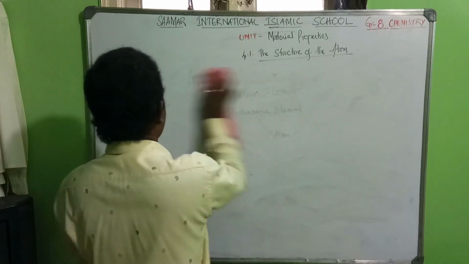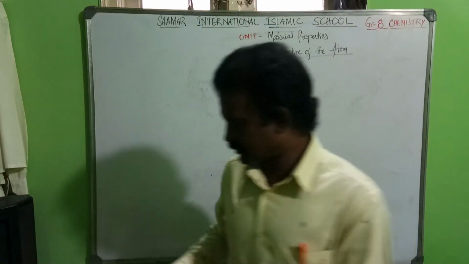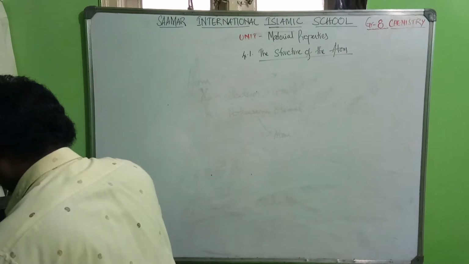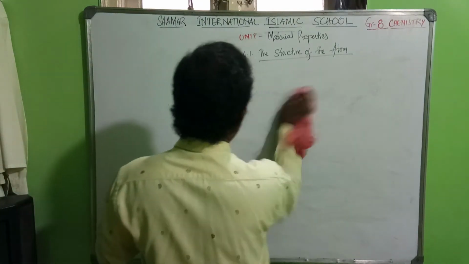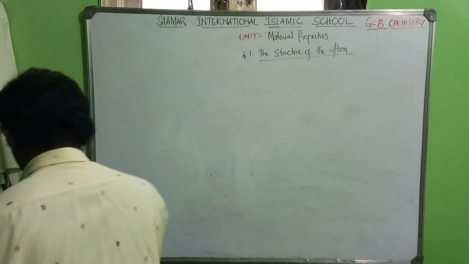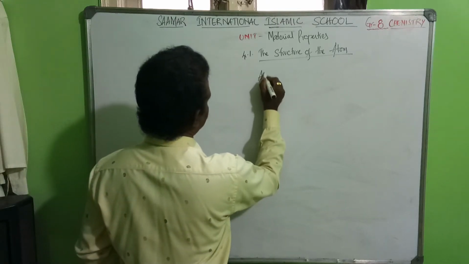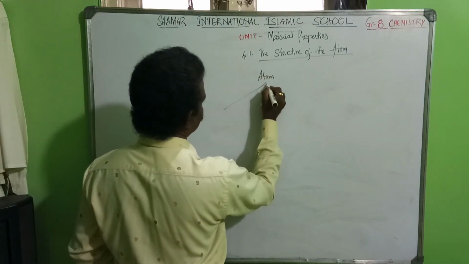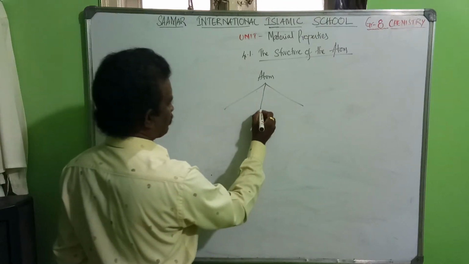Now what we should know is that an atom is made up of three kinds of particles. What are those? We'll see that. Atoms are made up of three small particles.